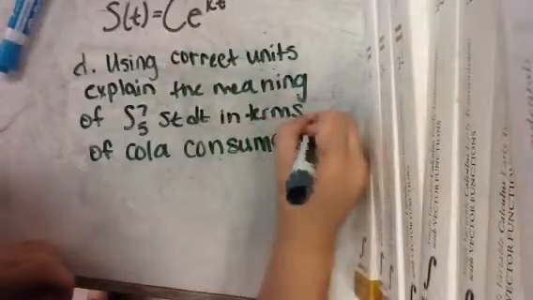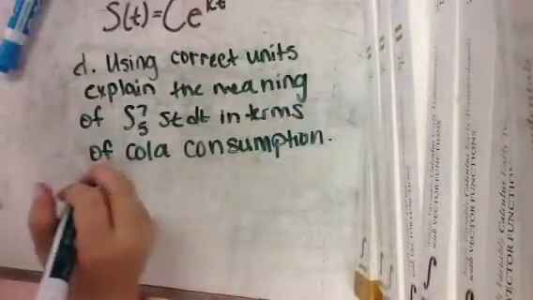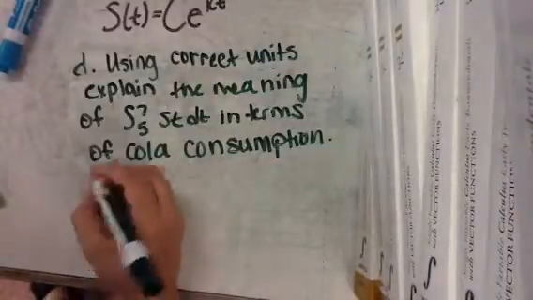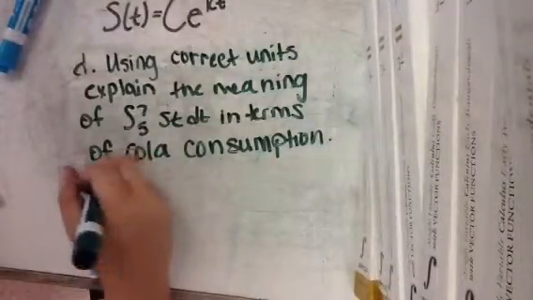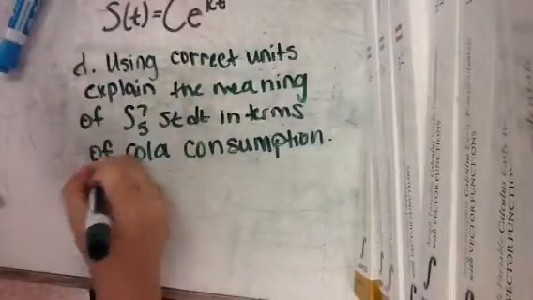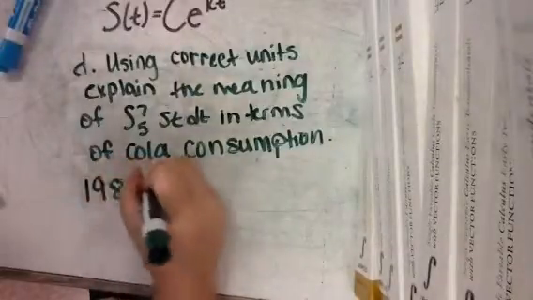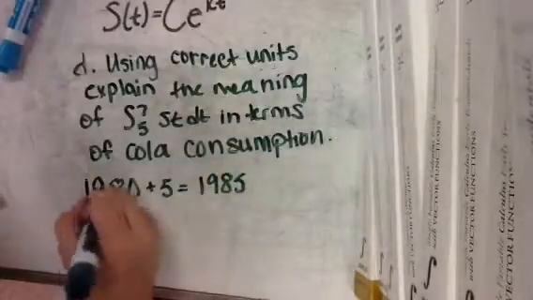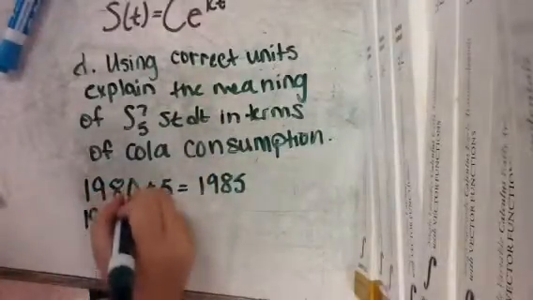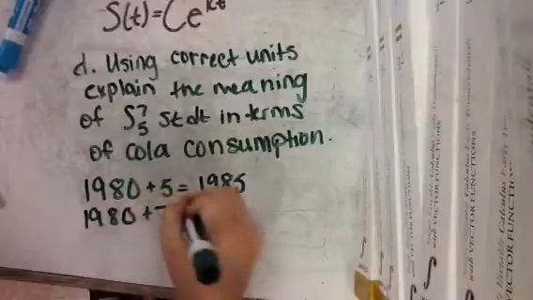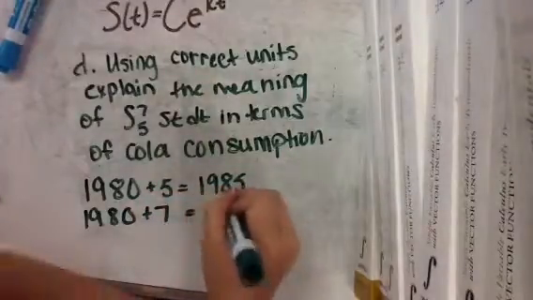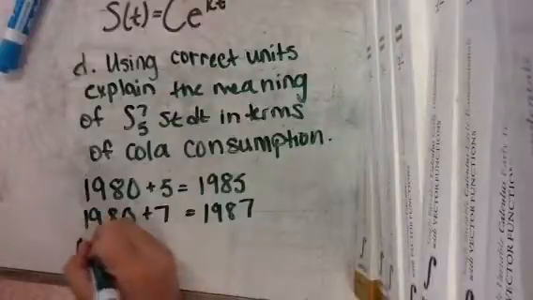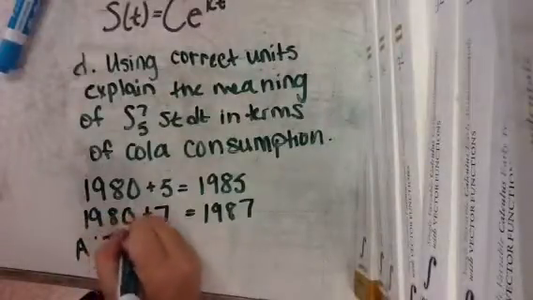This question is basically asking what part C was doing. If you add 5 years to 1980, that would be 1985, and 7 years plus 1980 would be 1987.